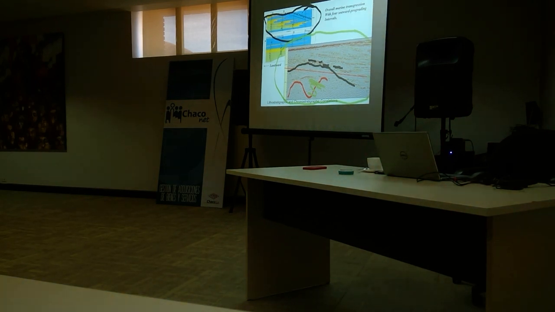Still, you can see the downlap onto the condensed section. Yeah, that's your condensed section. That's the sequence boundary. The one down here that you drew, that's the sequence boundary, formed during the falling stage of sea level.